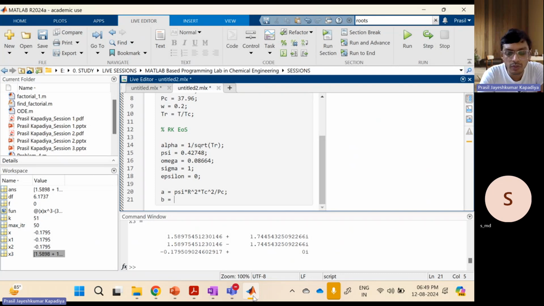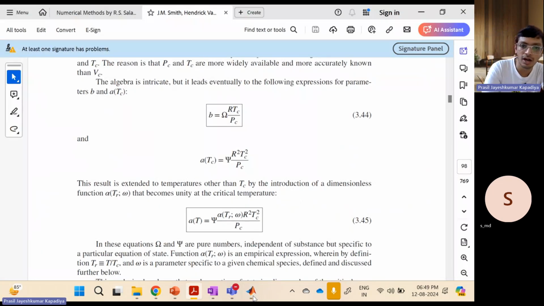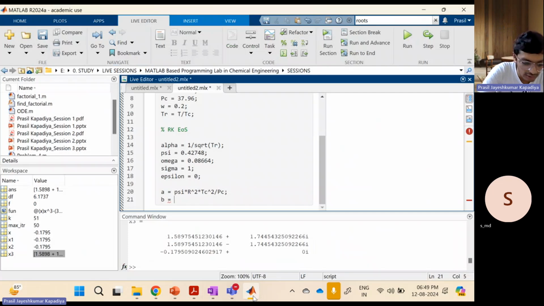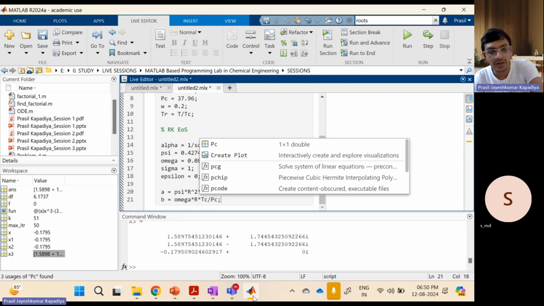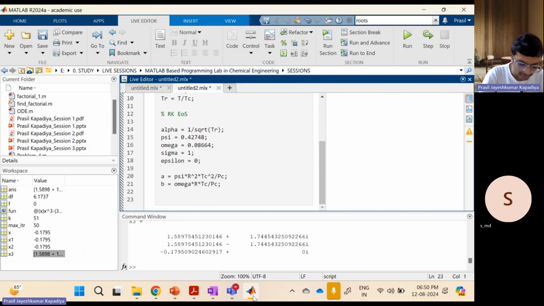And B is equal to omega into R into TC divided by PC. This is the value of B. So I have A and B.